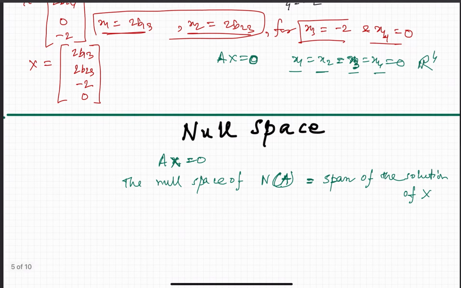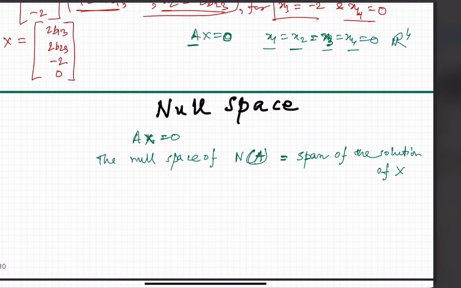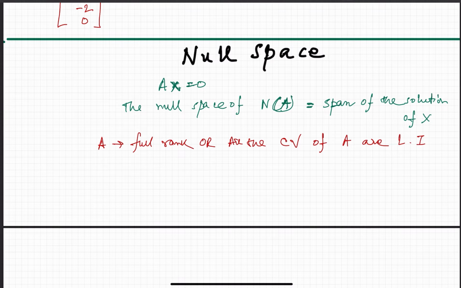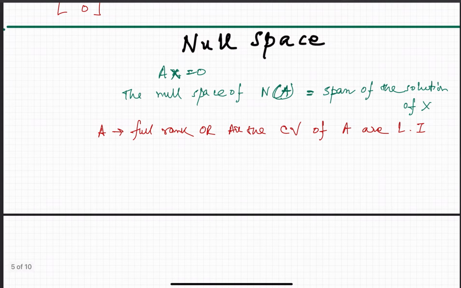So from the concept of linear independence, as we have mentioned, if A is full rank, or all the column vectors of A are linearly independent, then the null space of A for this fourth order system would be the span of the zero vector, only the zero vector.